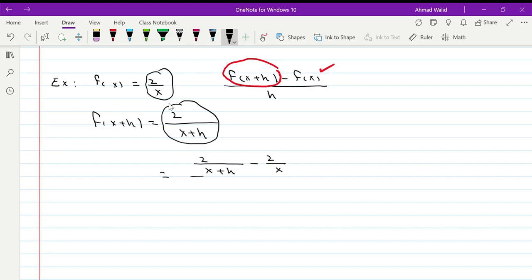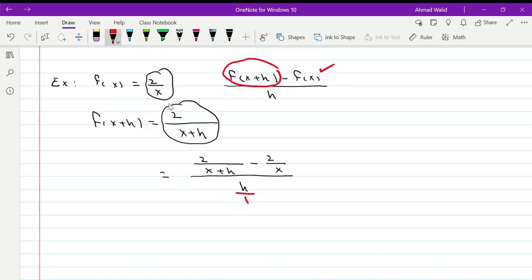over h. You need to simplify this. The easy way to simplify such a fraction is to find the common denominator between all denominators.